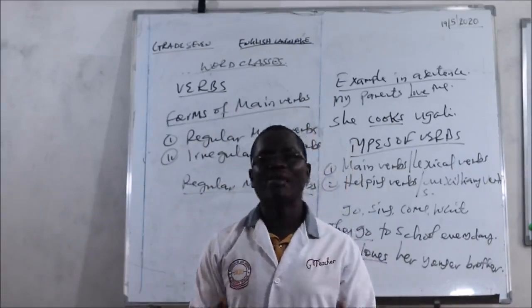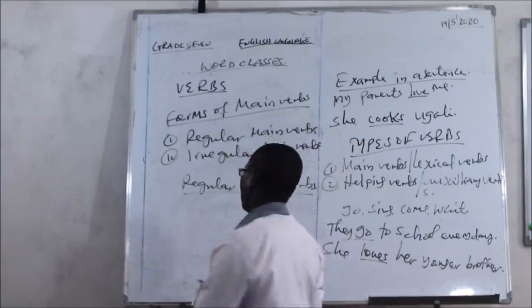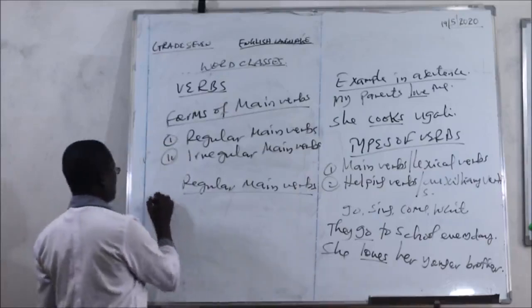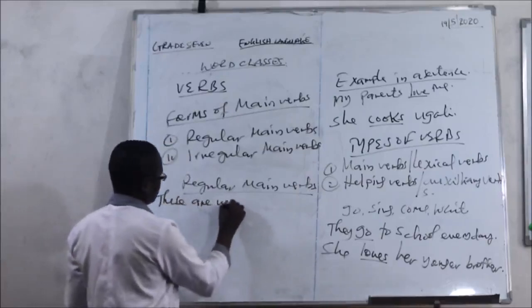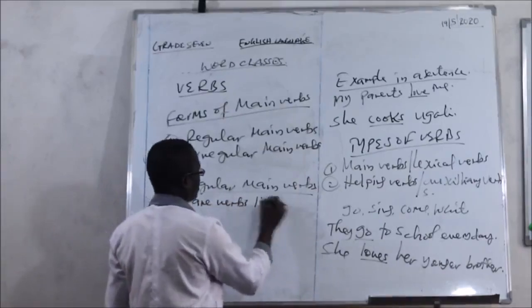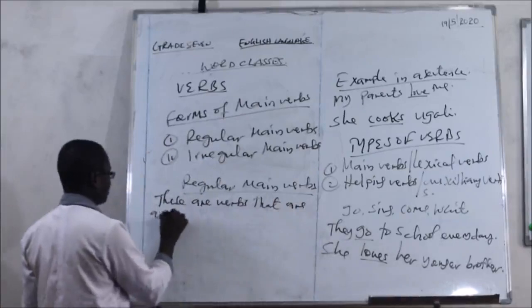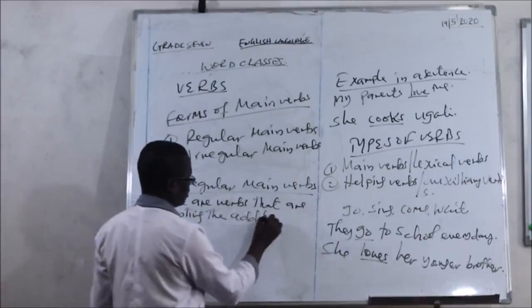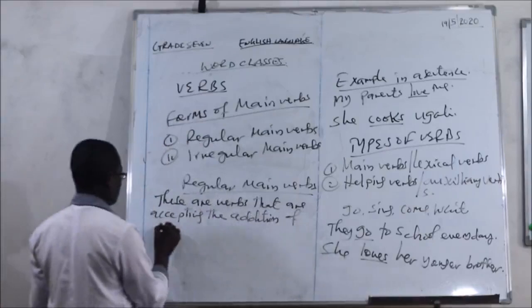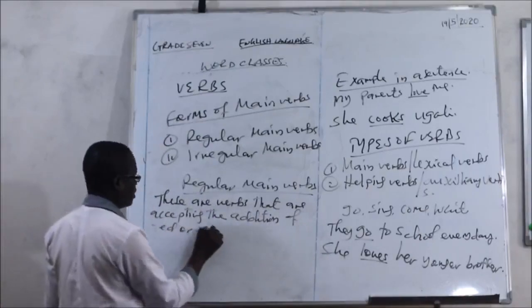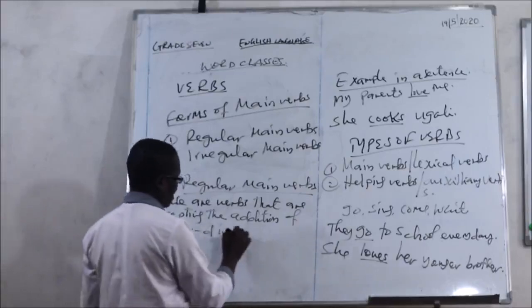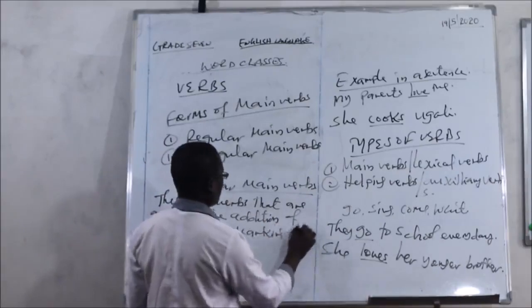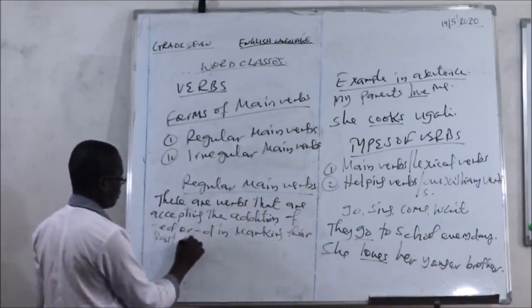You can say that regular main verbs are verbs that are accepting the addition of ED or D in marking their past form.